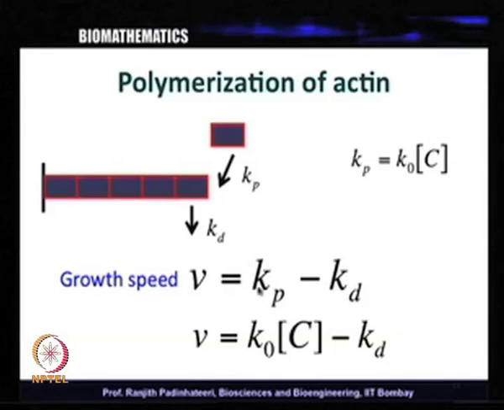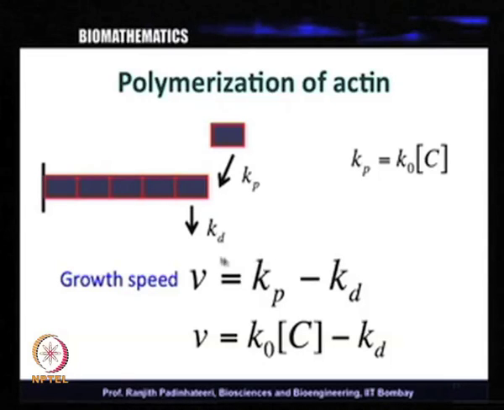The net speed is whatever polymerized minus whatever depolymerized. If you have 10 monomers polymerizing per second and 2 monomers depolymerizing per second, the net speed of the filament will be 8 monomers per second. The length of this filament will increase by 8 monomers.